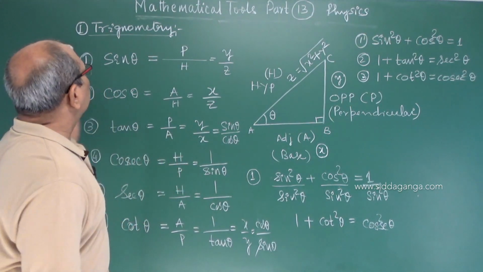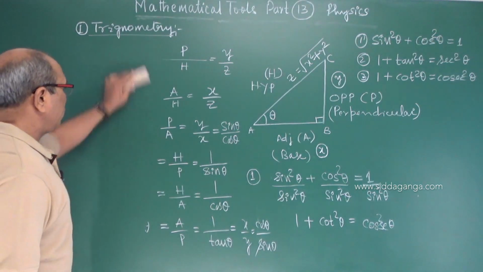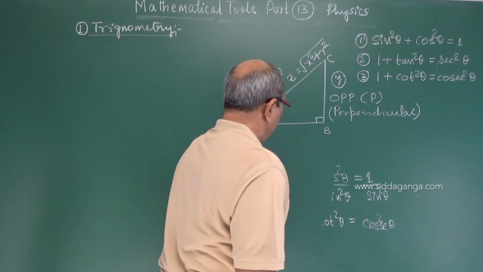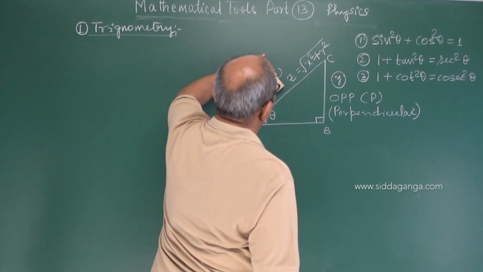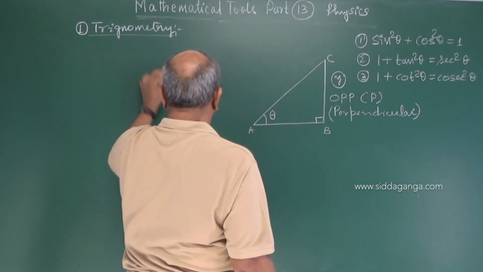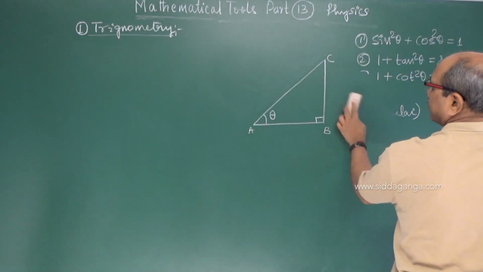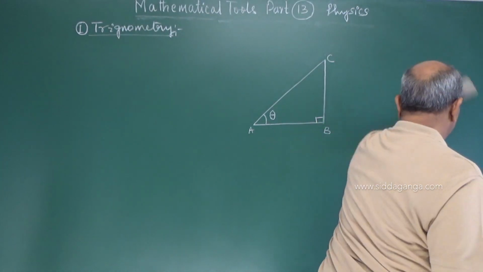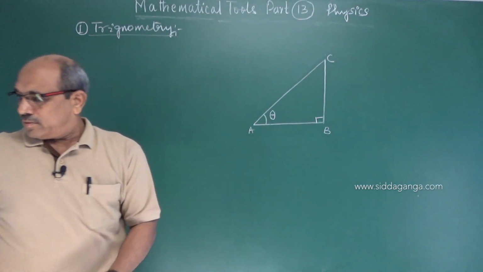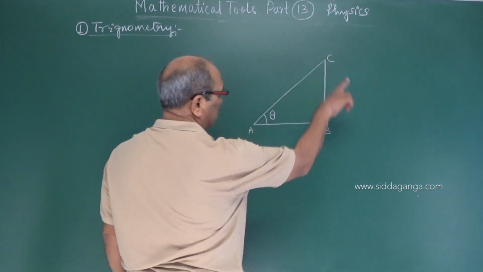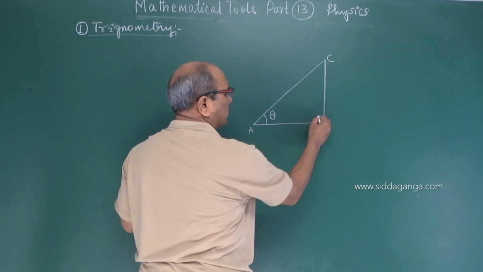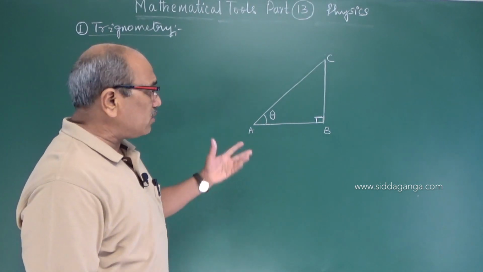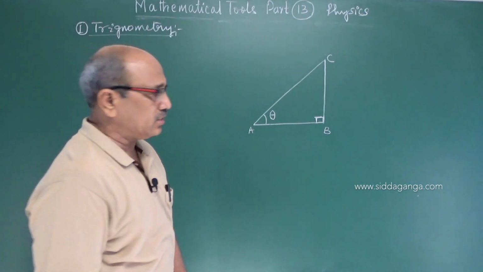So the problem is, suppose in the right angle triangle, the standard angles which come in entrance exams, because I am not going in depth again explaining all those, directly where we use them and what most importantly comes in entrance to solve problems in physics.